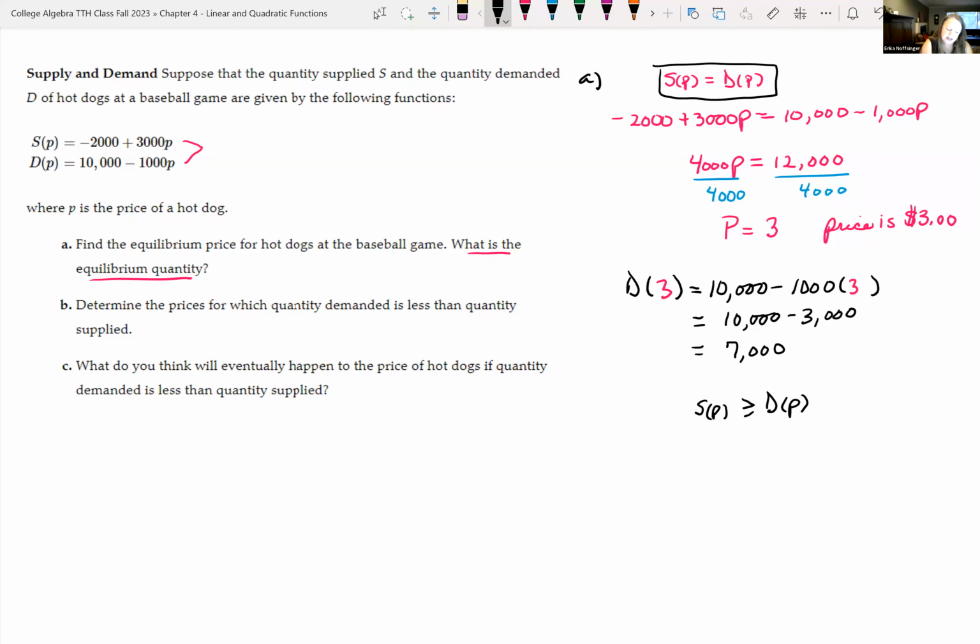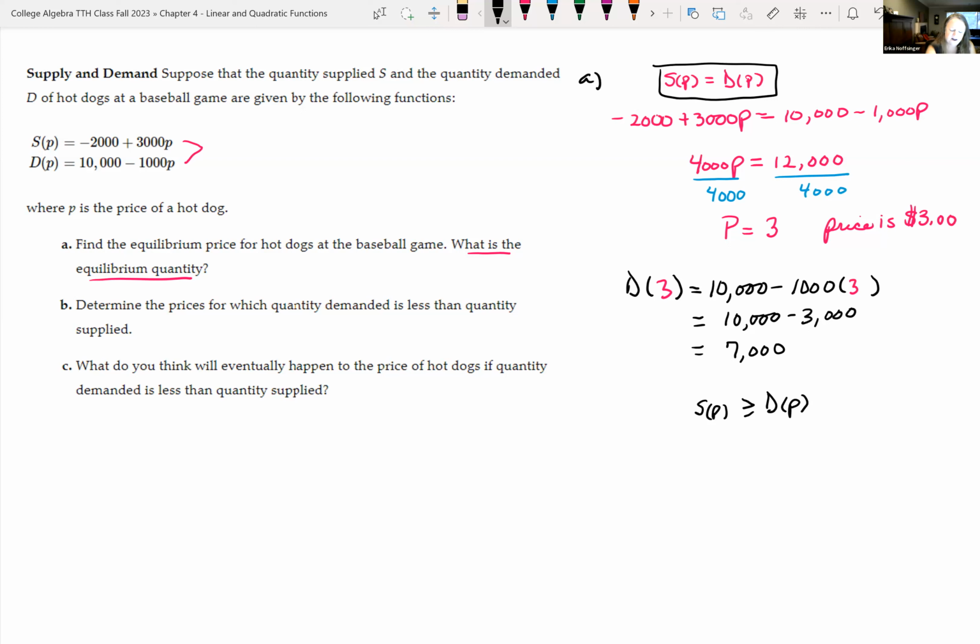So I want what is demanded to be less than what was supplied. I'm just checking if I had divided by a negative when I did this, and I hadn't.